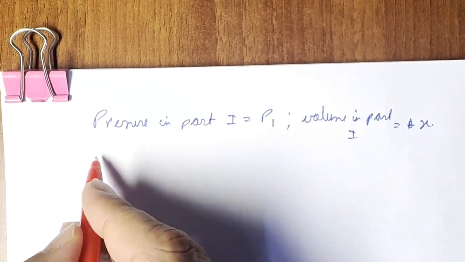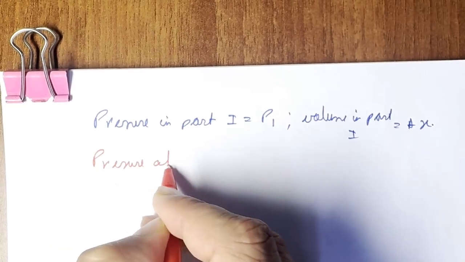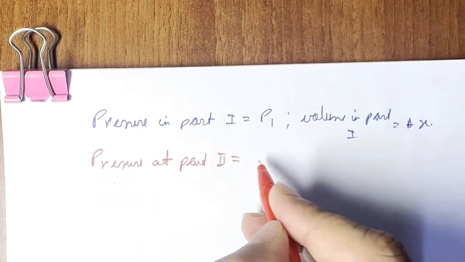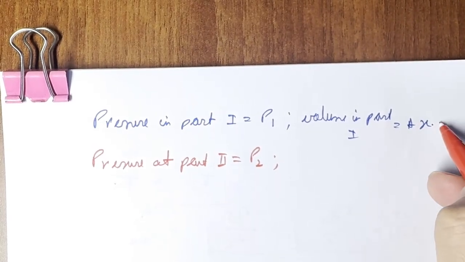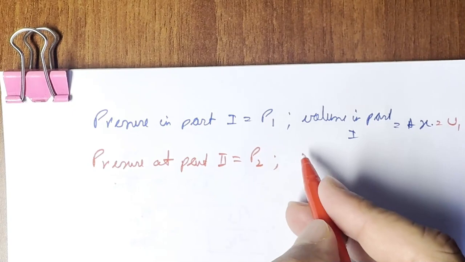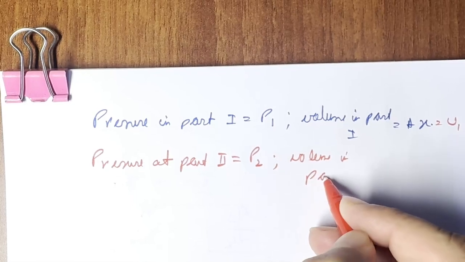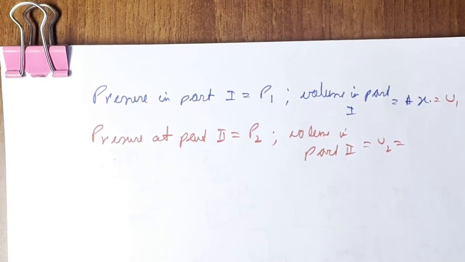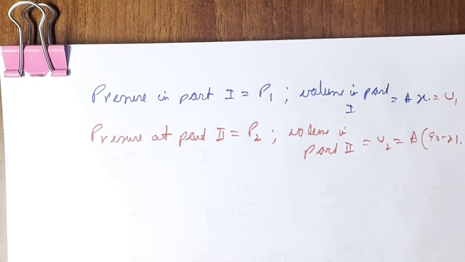Similarly, the pressure at part 2, let us suppose, is P2, and the volume in part 2, let us call that V2, will be equal to A multiplied by (90 minus X).